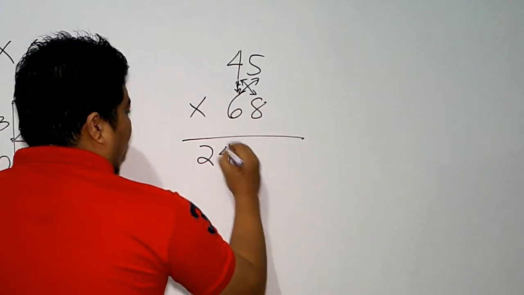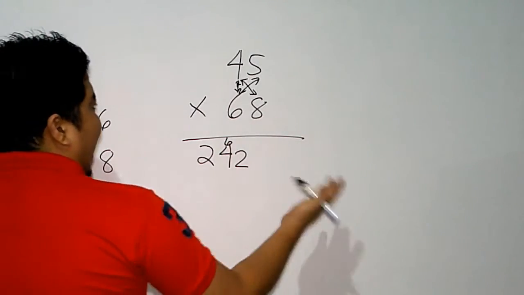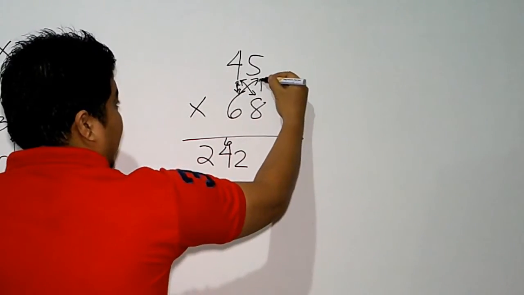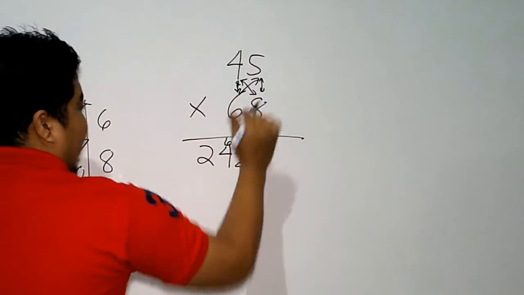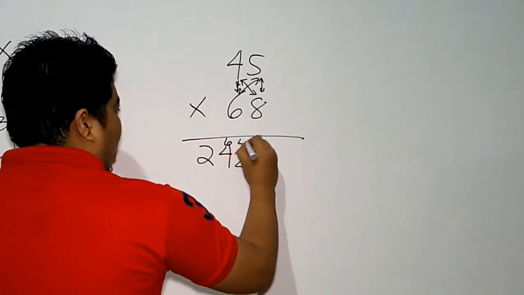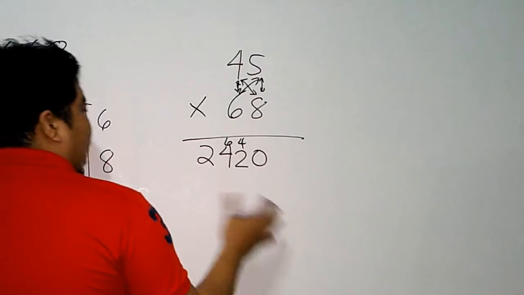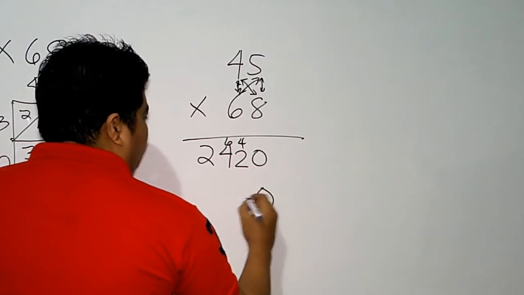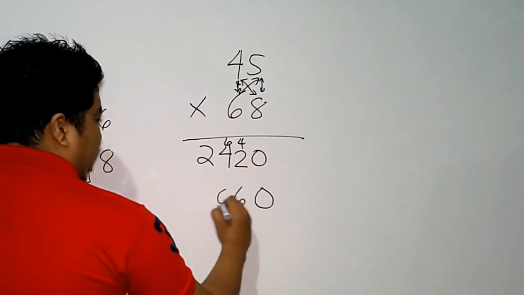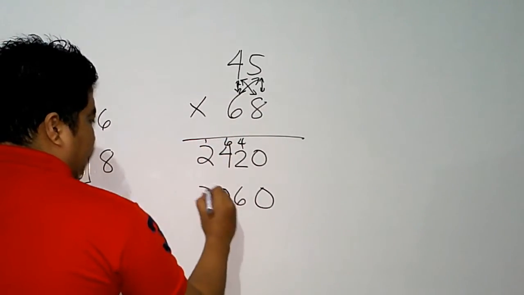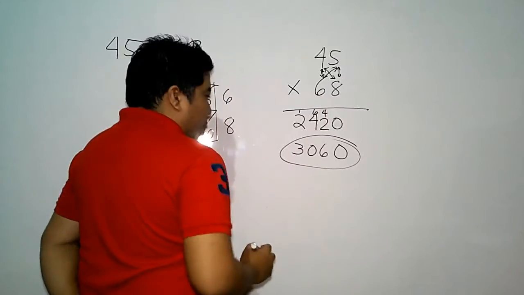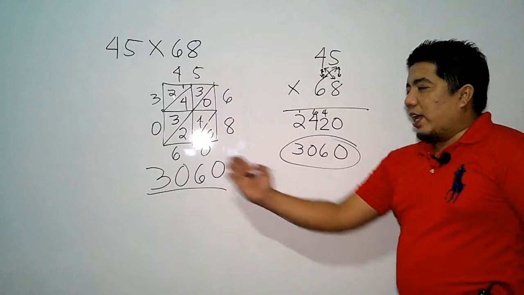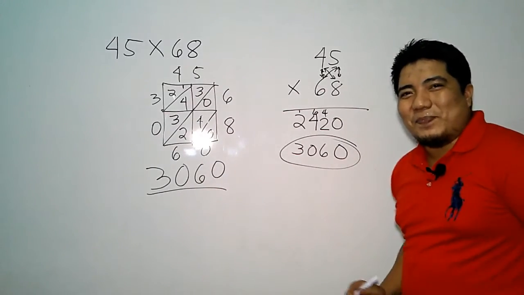So that is 2 and 6. Then we have the last vertical. So 5 times 8, that is 40. So 0, 4. So making our final answer, we have 0, 6, that is 10. Carry 1 here. And that is 30. Okay. So we have 3060 and they are just the same.